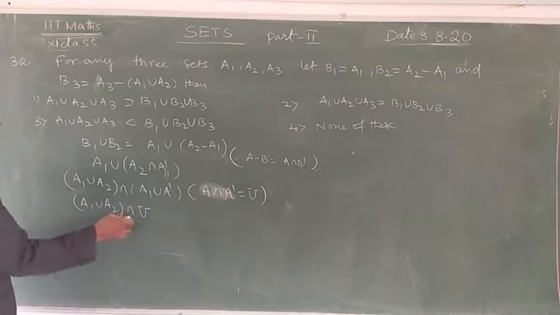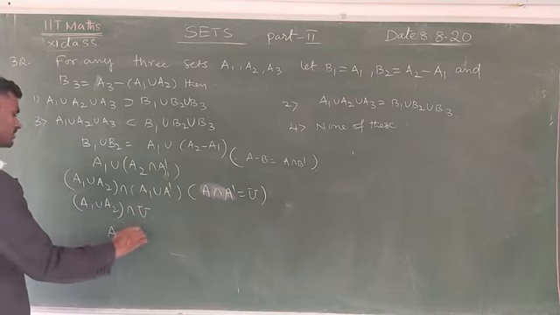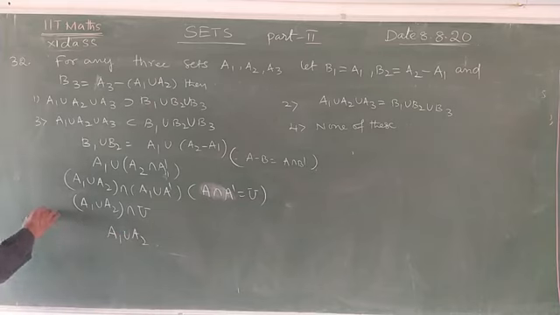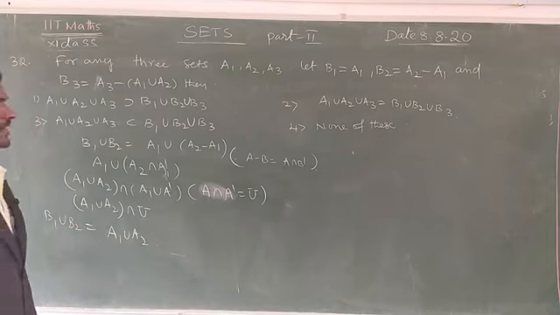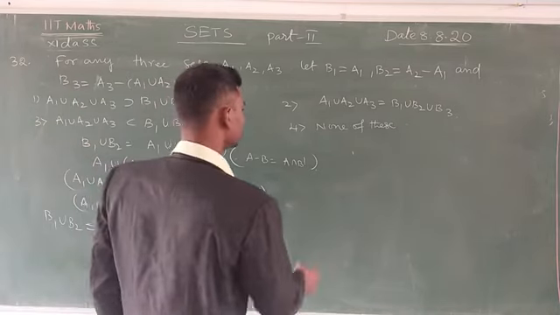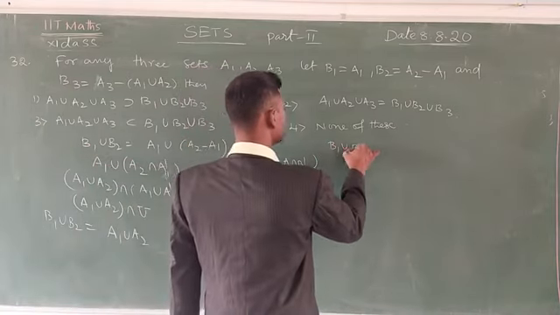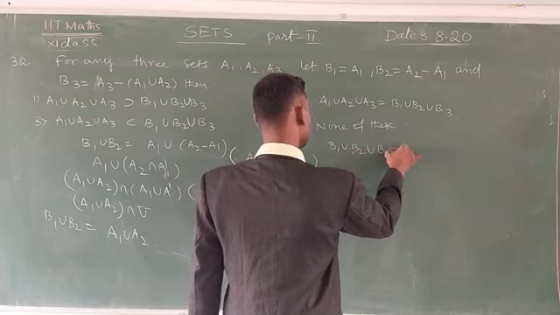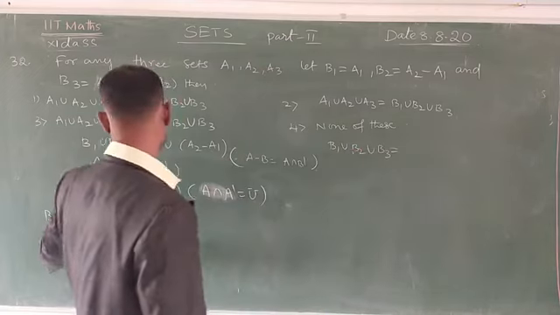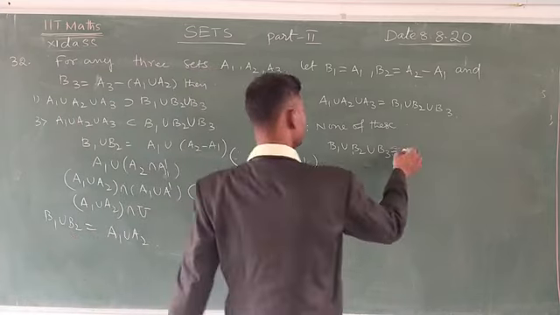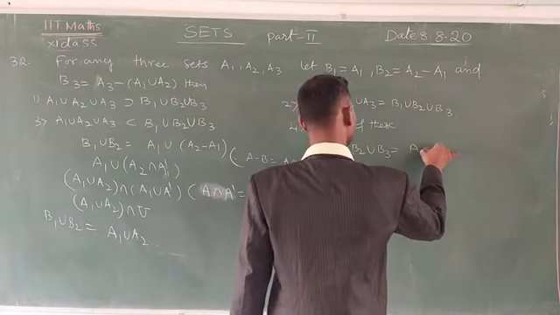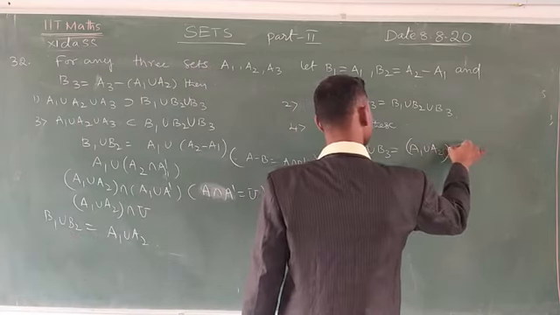That's why this intersection part is only A1 union A2. This is B1 union B2 is equal to A1 union A2. Now we have to find B1 union B2 union B3. Already we found here B1 union B2. B1 union B2 means here A1 union A2, union here B3.